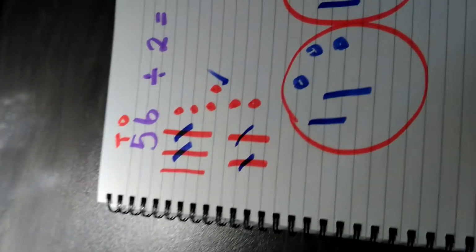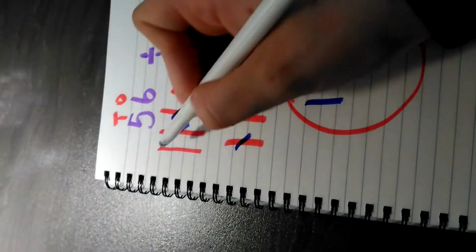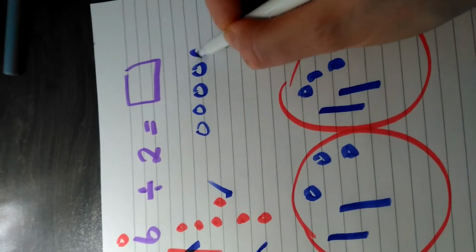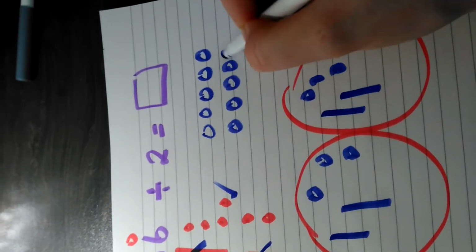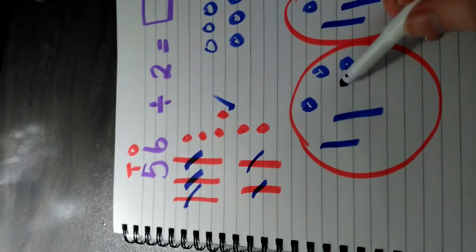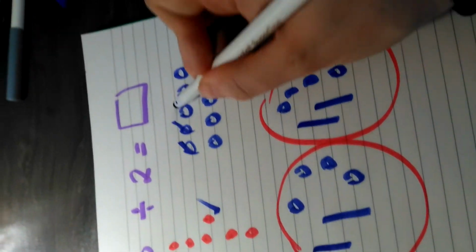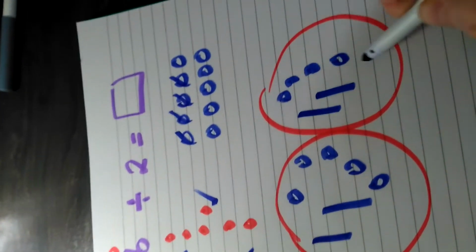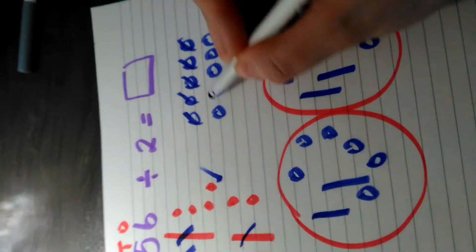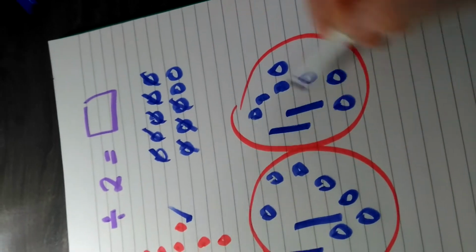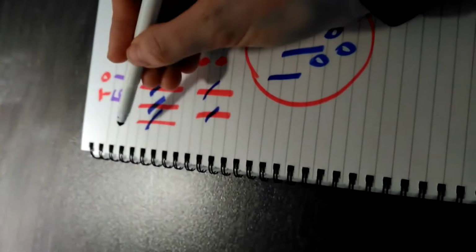But I've got one left and I can't share that one equally, so I need to exchange that here for 10 ones. And then I'm going to share these equally. Okay, so I'm going to put that one there, that one there. Okay, now I've shared it all.